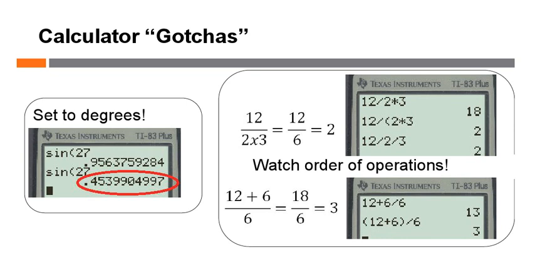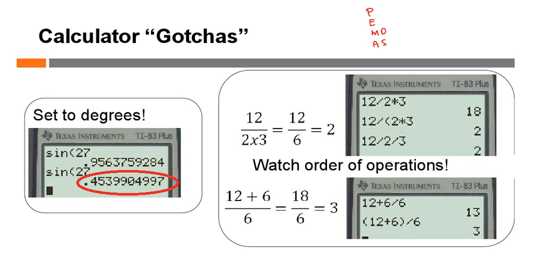The reason is your calculator thinks in order of operations. So remember what Aunt Sally said, please excuse my dear Aunt Sally. It's going to do the parentheses first. It's going to try to do exponents. It does multiplication and division on the third priority rung, and addition and subtraction comes in last.